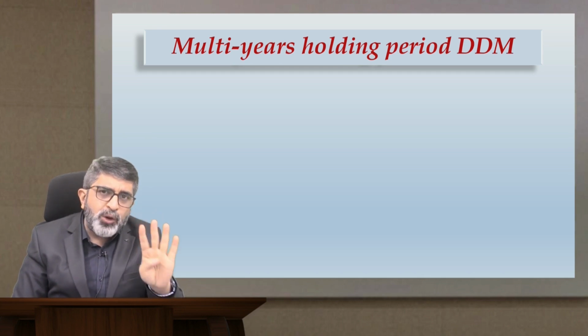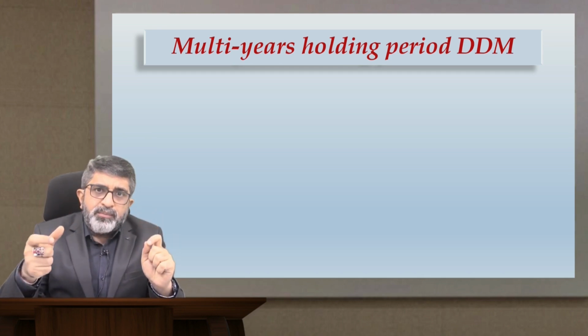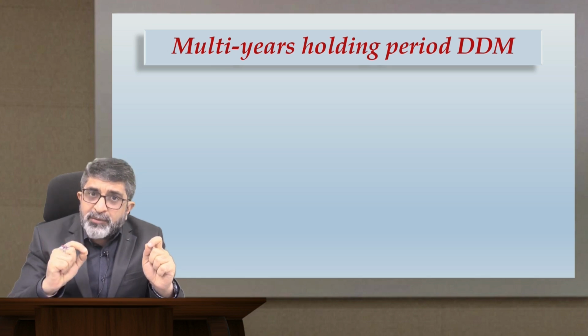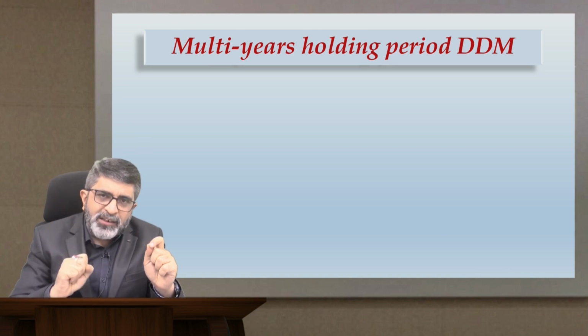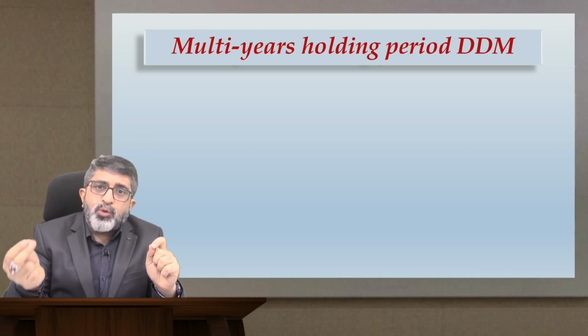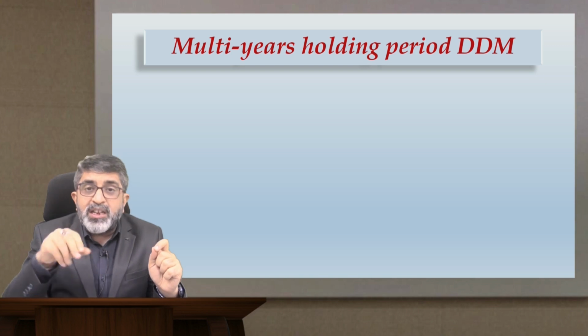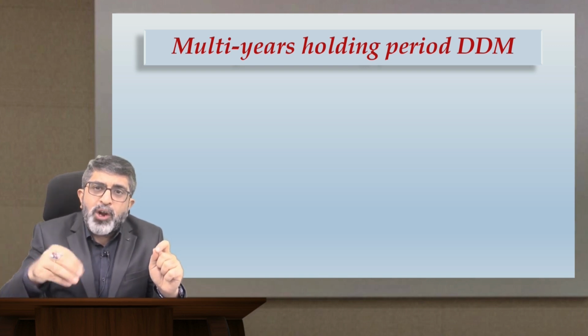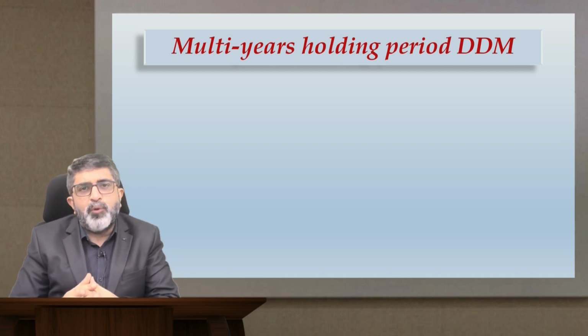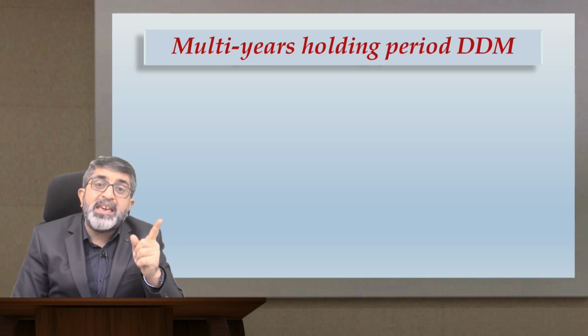So for a 4-year holding period, D1 will be the first year dividend which will be discounted to its present value using the first year's factor. D2 will be discounted by 2 years, D3 will be discounted by 3 years, and D4 and P4 both will be discounted by 4 years. The discounting rate will be KE.